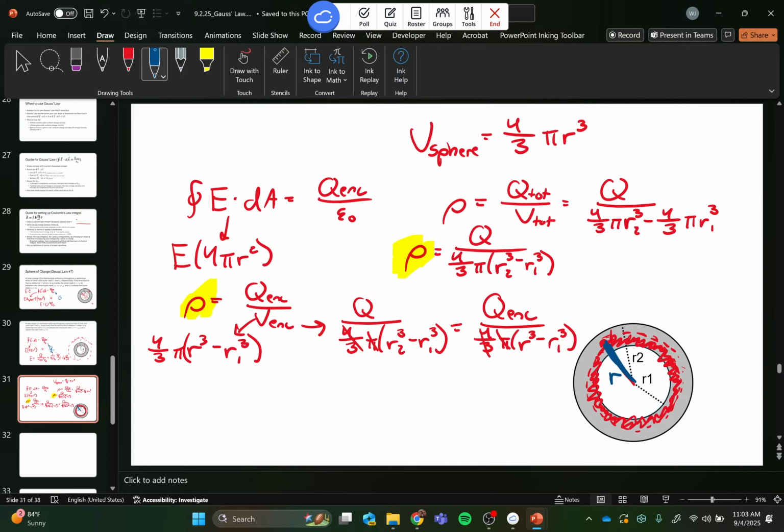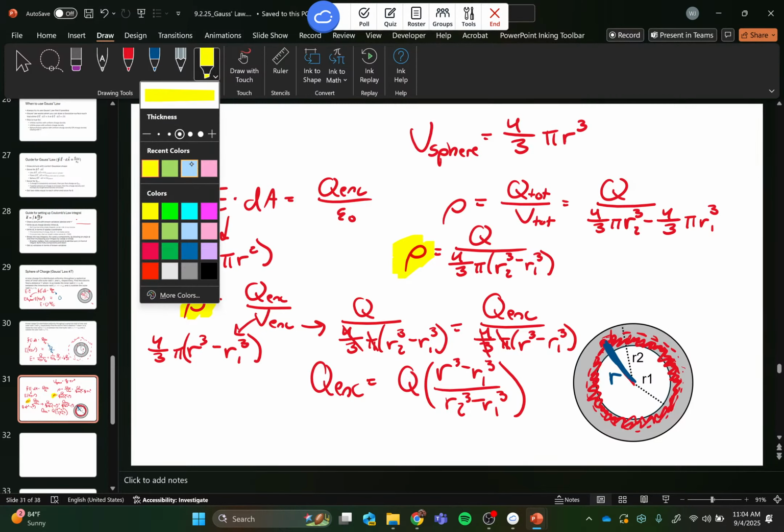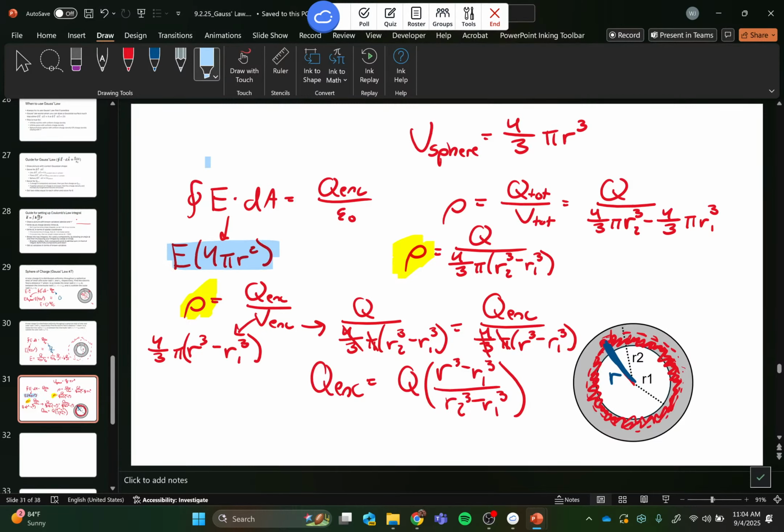Yep. So Q enclosed, therefore, just equals Q times (R cubed minus R1 cubed) divided by (R2 cubed minus R1 cubed). And finally, we can take this and set it equal to this over epsilon naught.